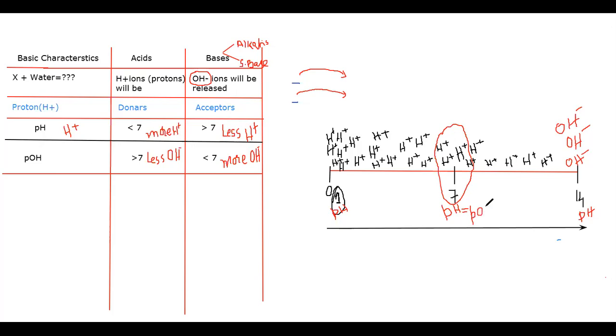This is called 7, because here, like in case of water, the quantity of hydroxide ion and hydrogen ion are equal. How many hydrogen ions are there? Let's suppose 1, 2, 3, 4. Then I'll just draw 4 hydrogen ions here, like this one.